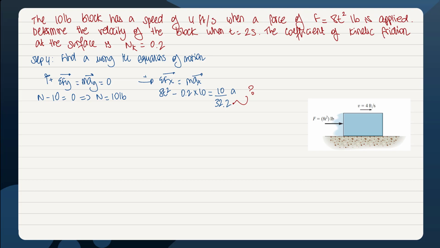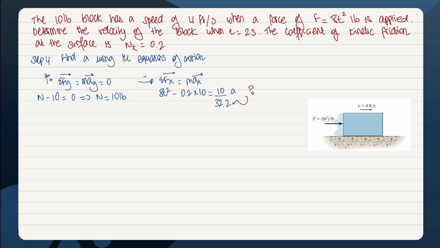Now we can write down the equation along the x-axis. Sigma Fx is equal to m a_x. Replacing all the forces along the x-axis, we have the force that's being applied and the frictional force, which is minus 0.2 times 10, the opposite direction, equals 10 divided by 32.2 times a.